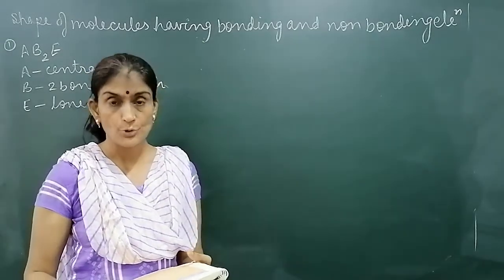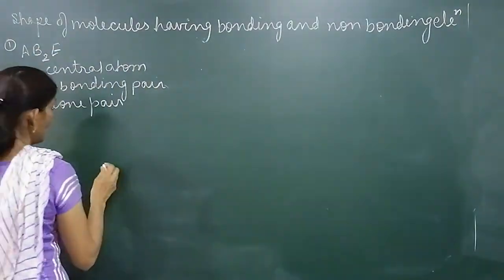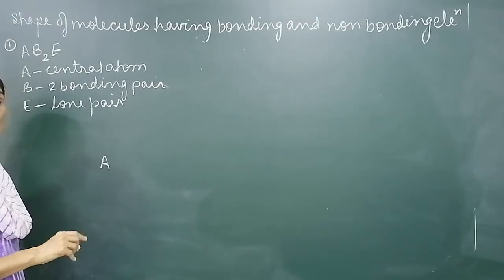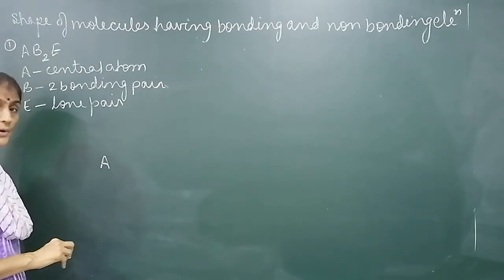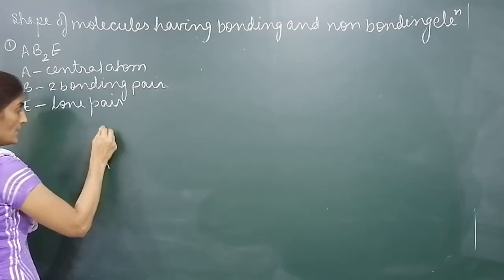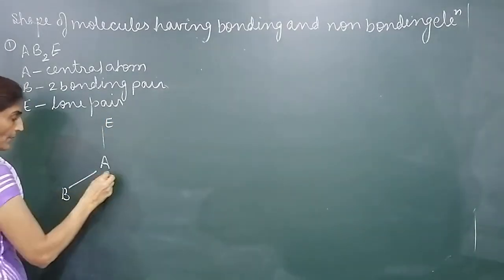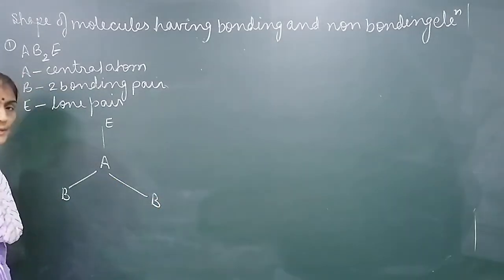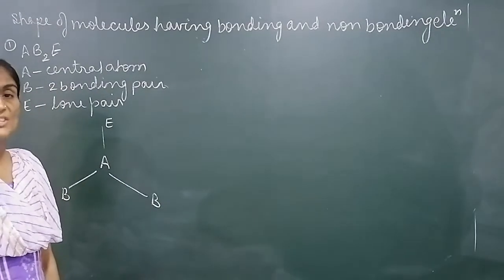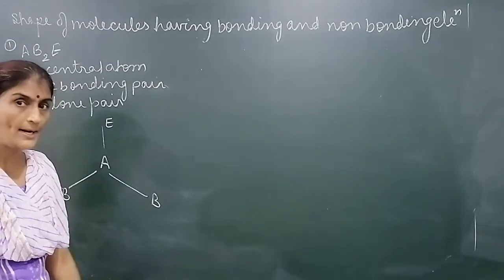3 total electron pair. If 3 electron pairs are there, how they will arrange? At an angle of 120 degree by making a geometry of planar triangular. See, this is lone pair, this is bond pair, and this is bond pair. So geometry must be planar triangular, bond angle must be 120 degree.